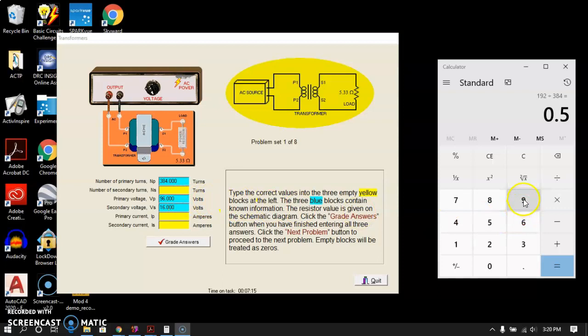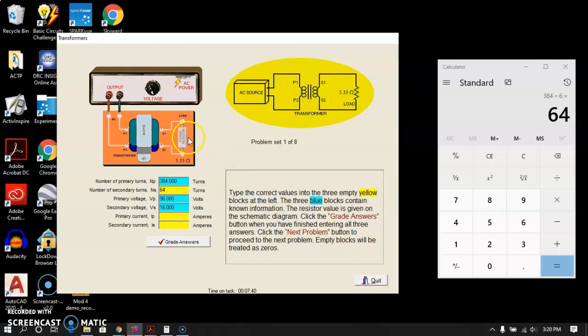You can take the 96, divide it by the 16, and see it's dropped by a factor of 6. Because it's dropped by a factor of 6, take 384, divide that by 6, and get 64 as the number of turns on your secondary. Go ahead and plug that in there.